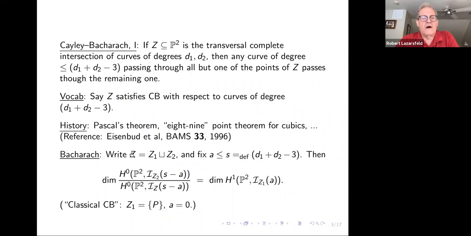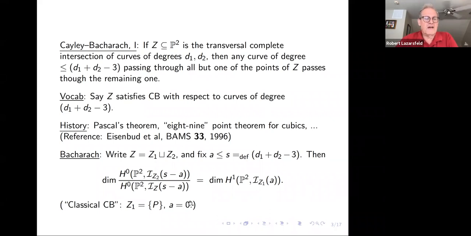In other words, pass through all the points of Z other than Z1, but that don't pass through Z. So this counts how many curves of degree s minus a pass through Z2, but not Z. And on the right-hand side, this H1 counts by how many conditions the points Z1 fail to impose independent conditions on curves of degree a. So this is the superabundance of Z1 with respect to curves of degree a. And so what Bacharach's theorem says in this classical setting is that these two numbers are the same.